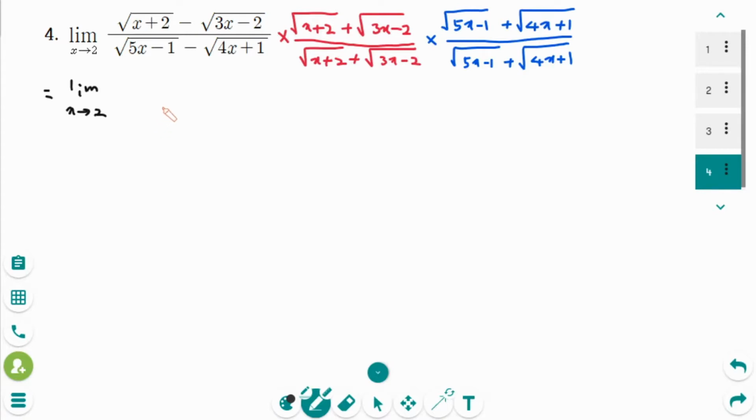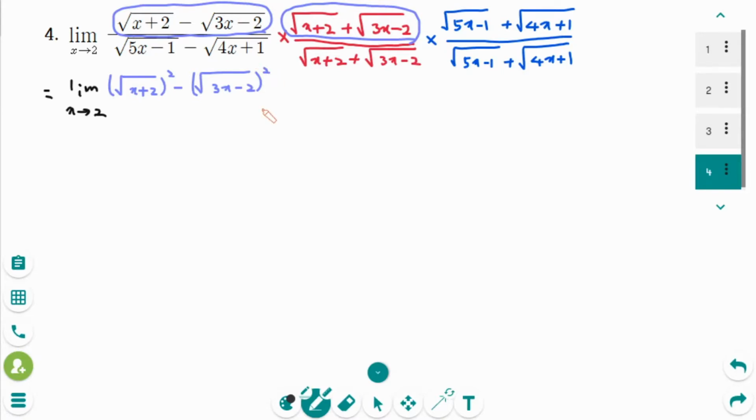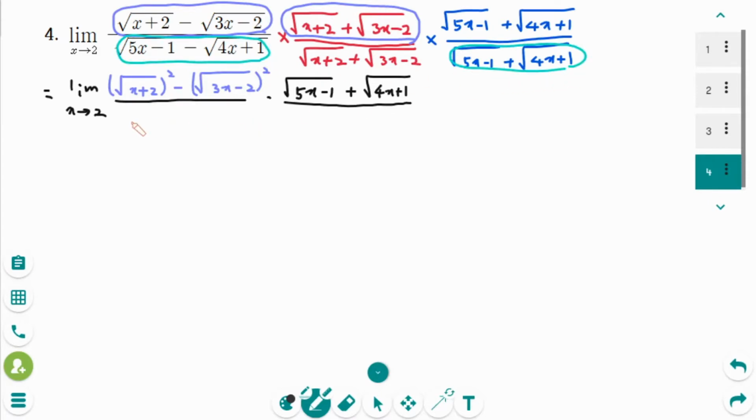Now let's multiply. Expand these two, so square root of x plus 2 squared minus square root of 3x minus 2 squared, but keep the last one as is, square root of 5x minus 1 plus square root of 4x plus 1, over, in the denominator, expand these two binomials.